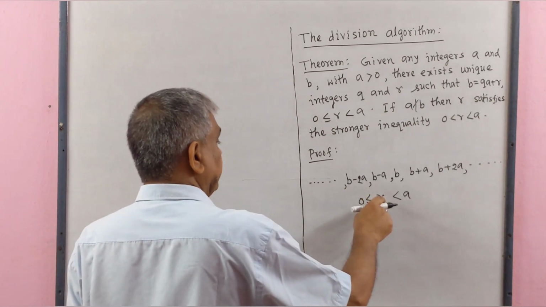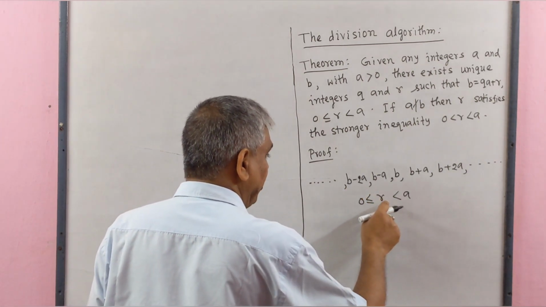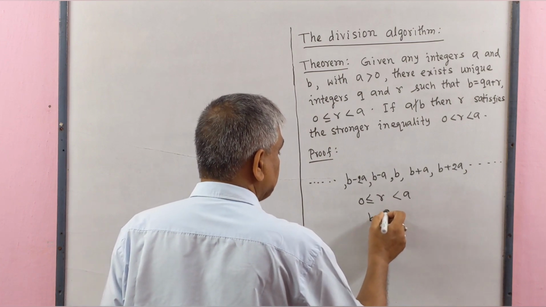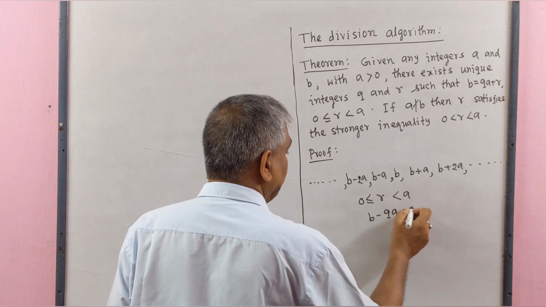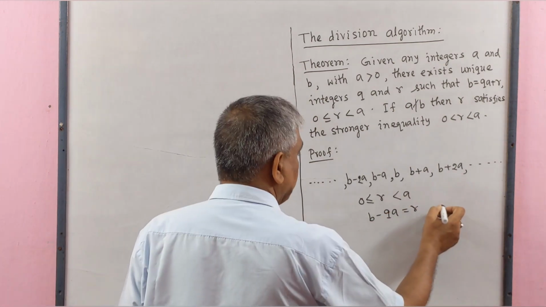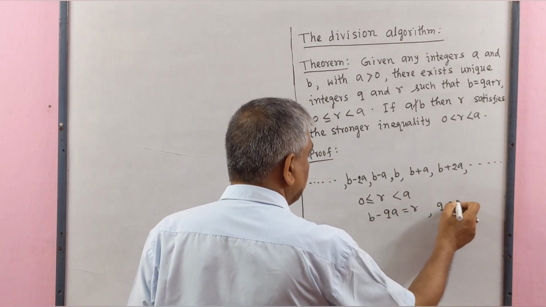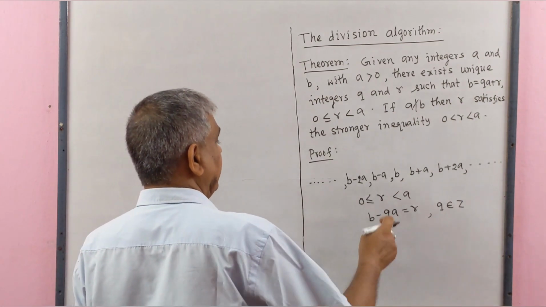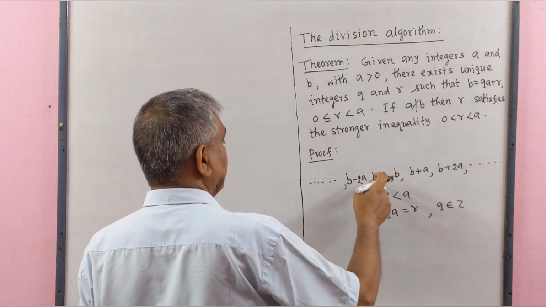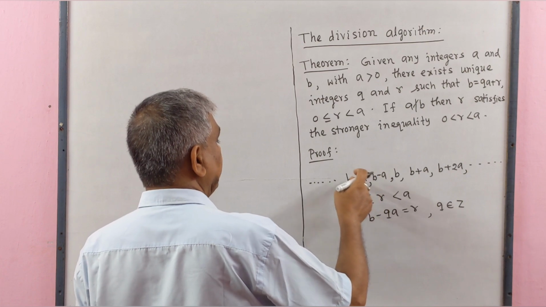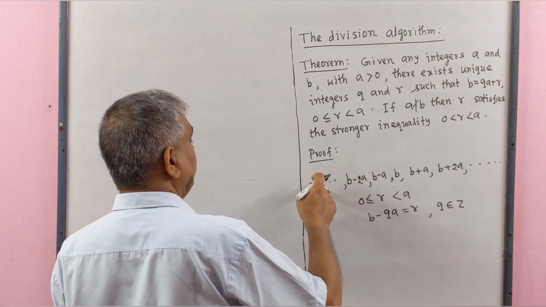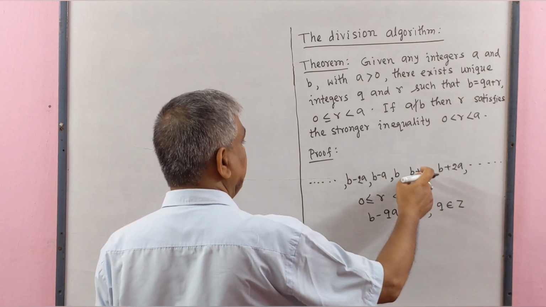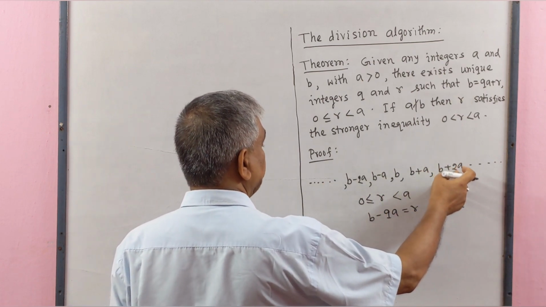So r will be of the form B minus QA equal to r, Q belongs to Z. Here we see B minus 2A, B minus 3A, B minus 4A, and on the right side also B plus A, B plus 2A.